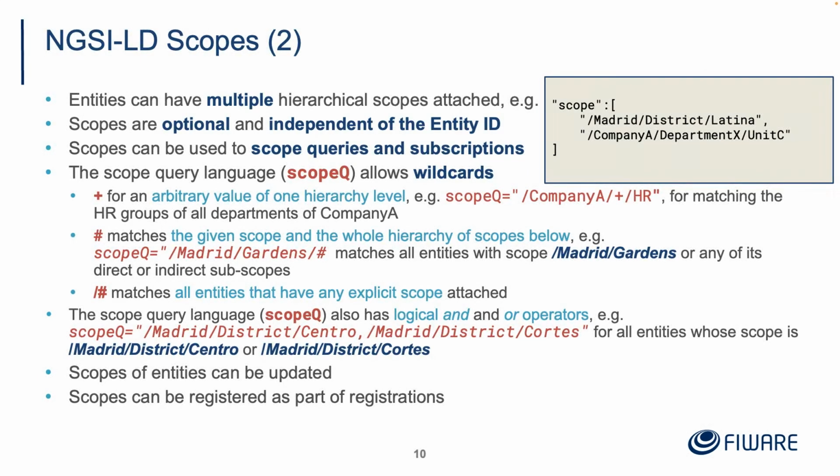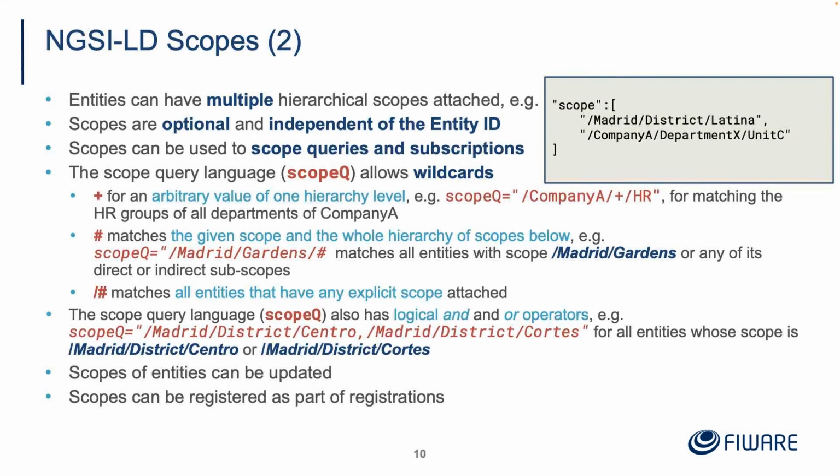Now you can also use scope when you are updating values. So you can put this into your URL when you are saying update XYZ. So you could imagine a situation where, let's say I've got all of the district data for this district in Madrid in one context broker.